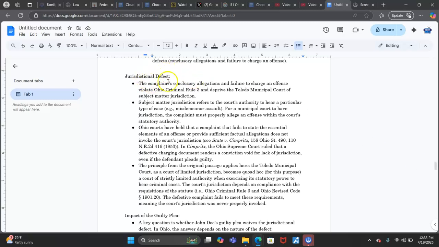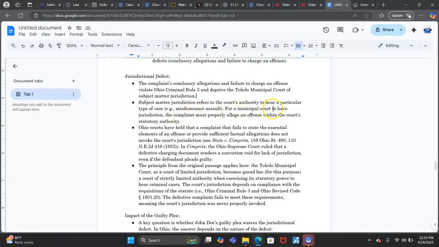Jurisdictional defect. The complaint's conclusory allegations and failure to charge an offense violate Ohio Criminal Rule 3 and deprive the Toledo Municipal Court of subject matter jurisdiction. Subject matter jurisdiction refers to the court's authority to hear a particular type of case, misdemeanor assault.